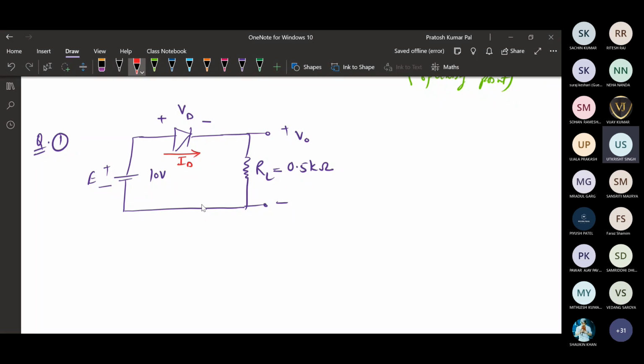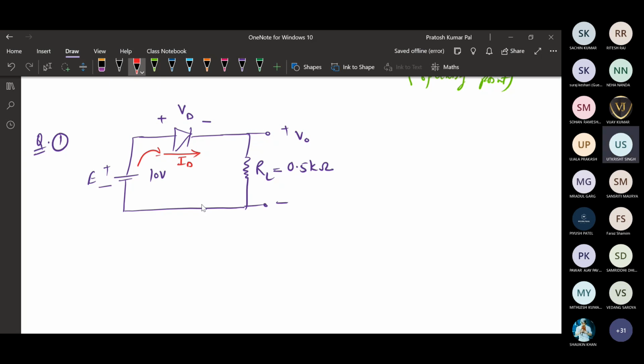Here the source E of 10 volt is applied, with this side positive and this side negative. Because of this source, the current flows in this direction only, which is the same direction as indicated by the diode current.